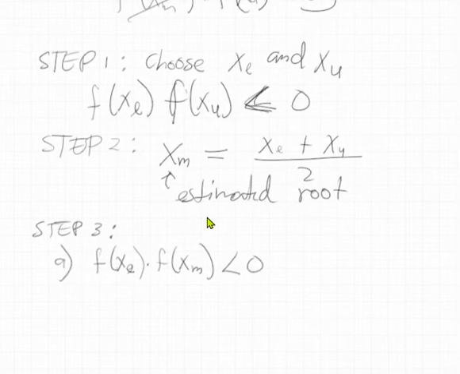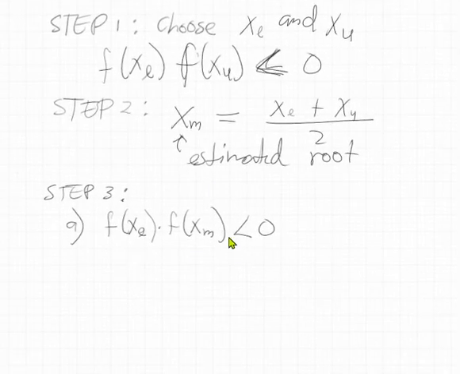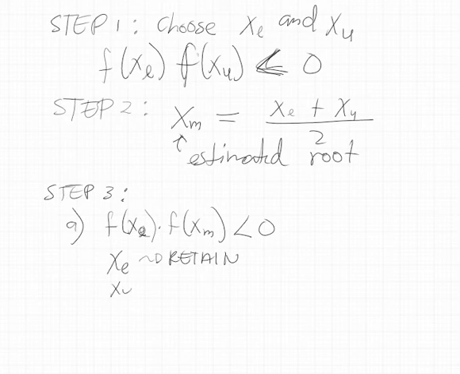So here, if it's less than 0, therefore between xl and xm, there's a root. So what we do is we change our new value for the lower and the upper value. So if this is true, retain xl, we retain this value, but we change our xu and we make it equal to xm.